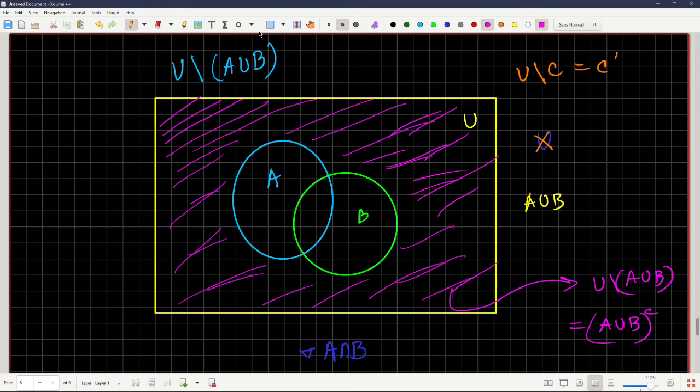So using Venn diagrams, you can try to visualize these things, and in some cases it might help. Any questions so far regarding Venn diagrams?